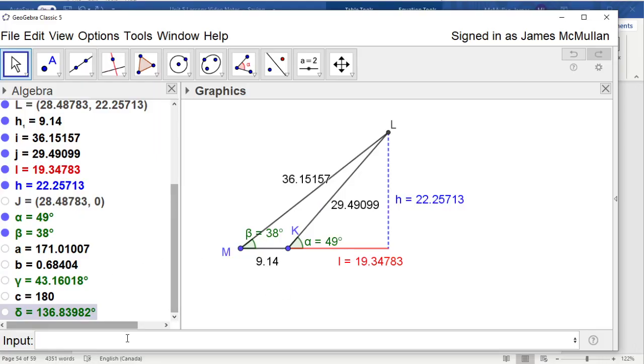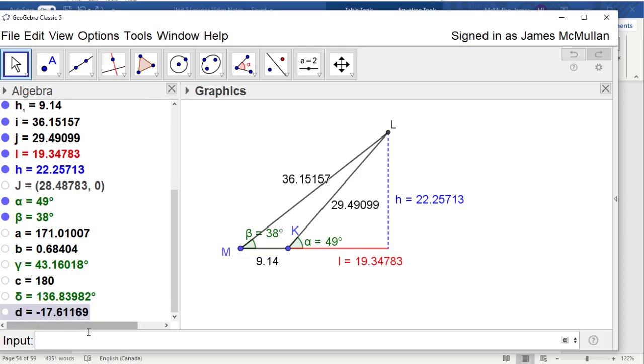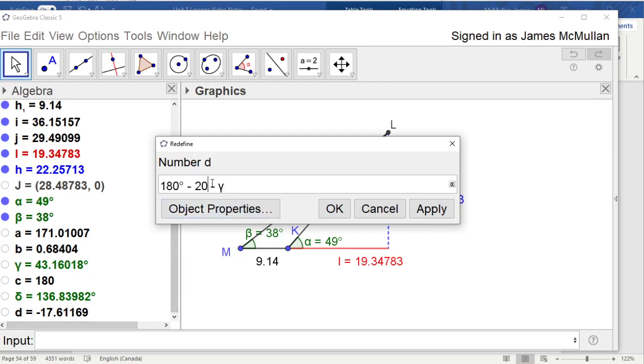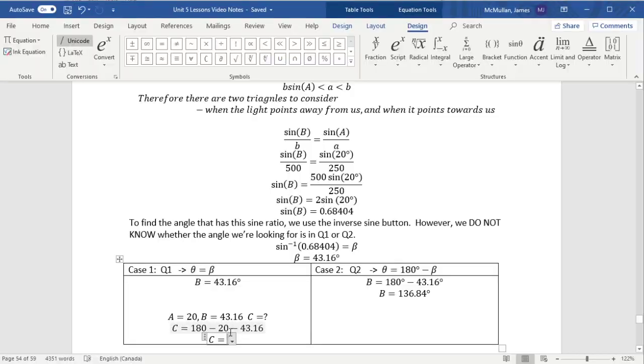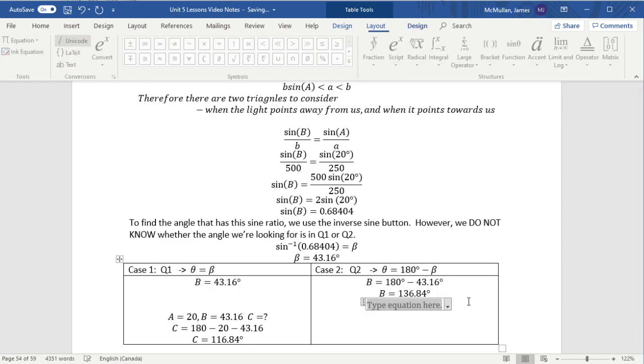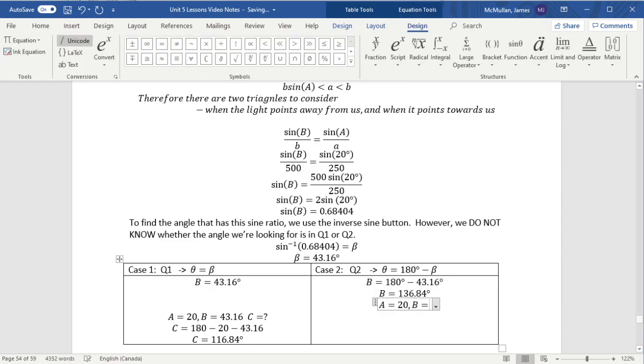C would be 180 degrees minus 20 minus gamma, minus 20 degrees. It's very picky about this. 116.84. So that's one possibility. The other possibility would be A is 20, B is 136.84.